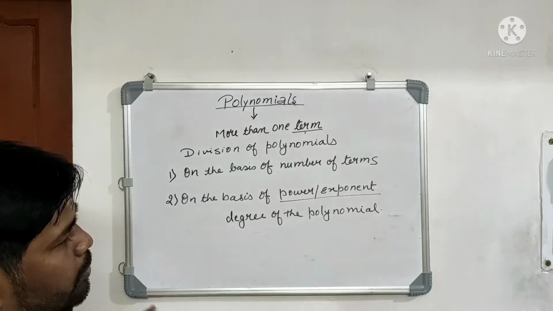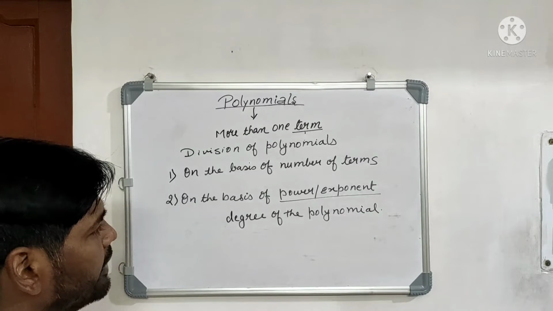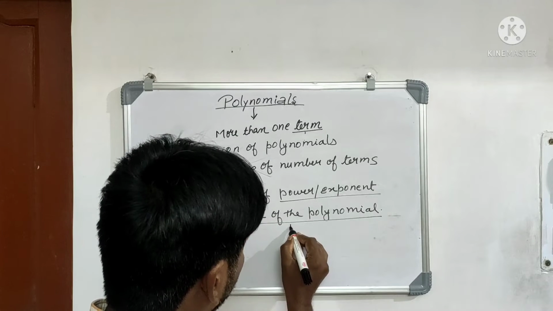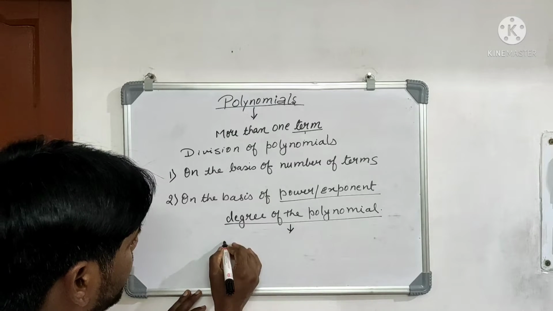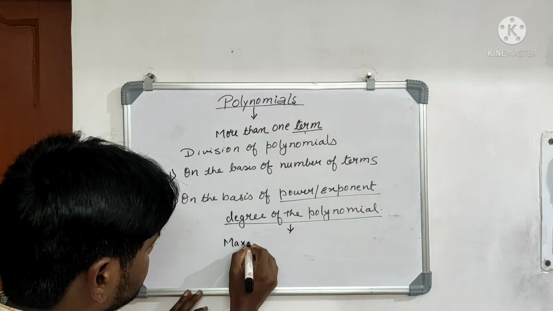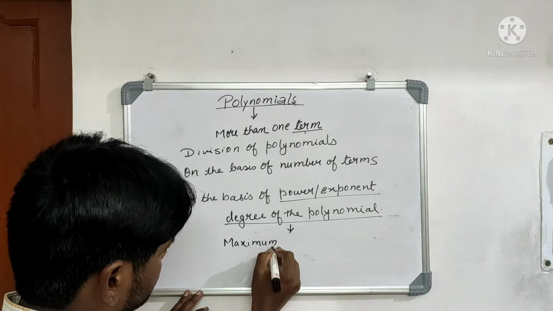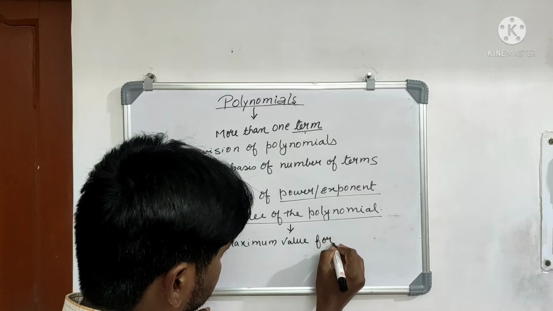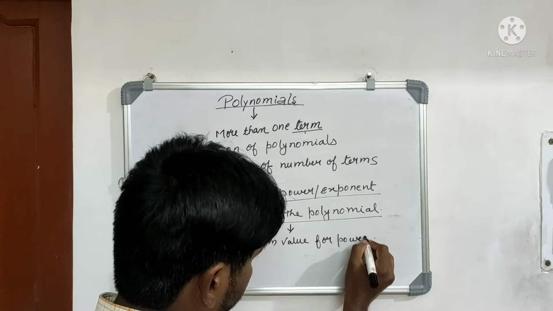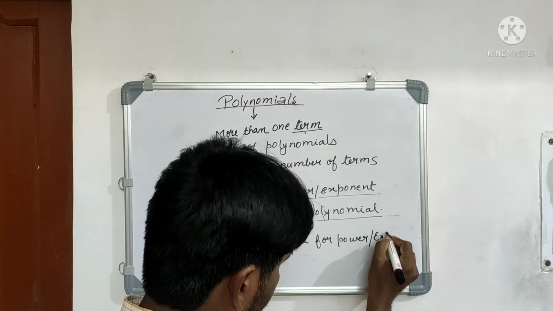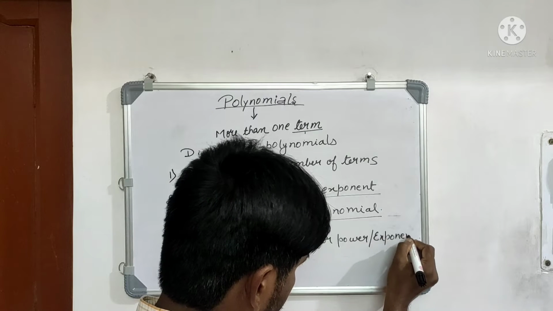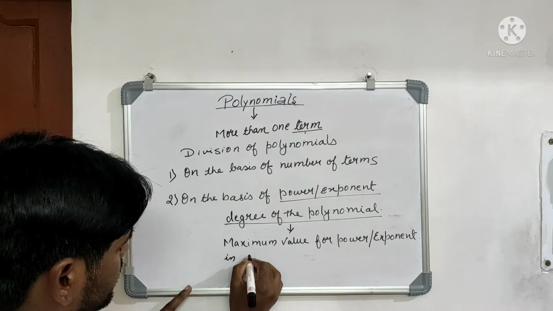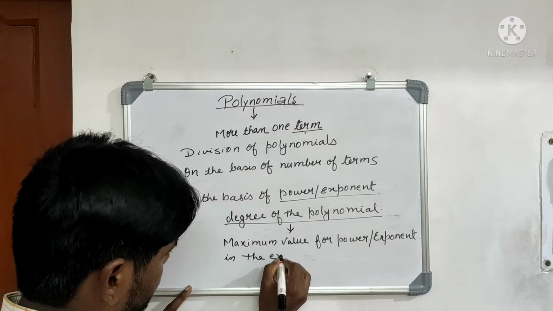The degree of the polynomial is the maximum value of the power or exponent in the expression.